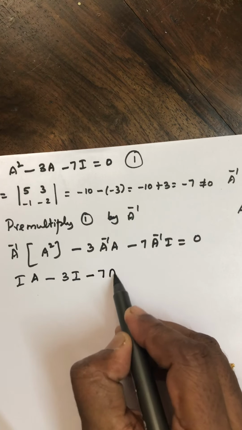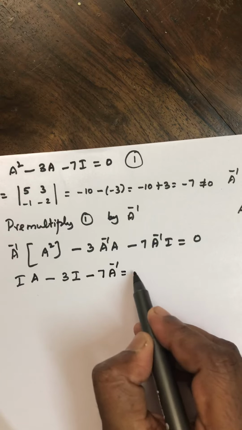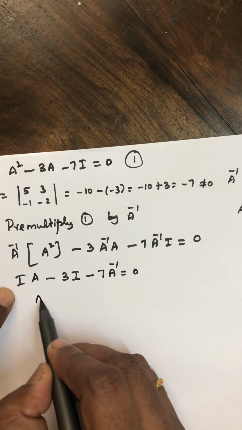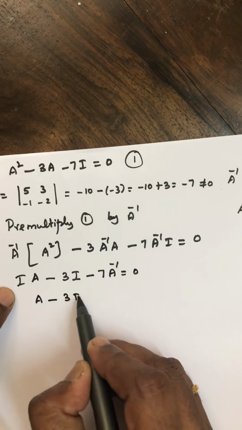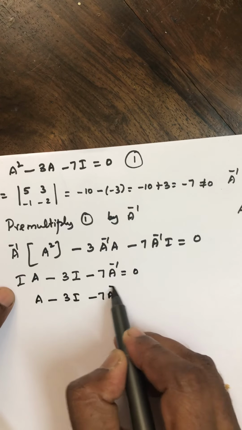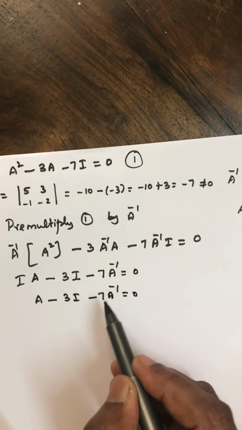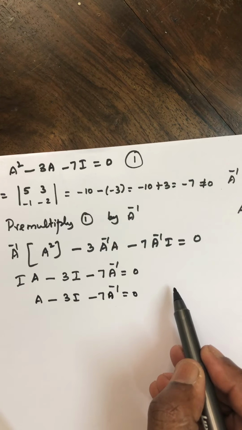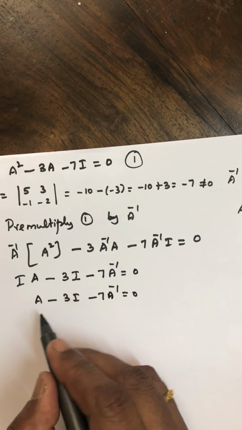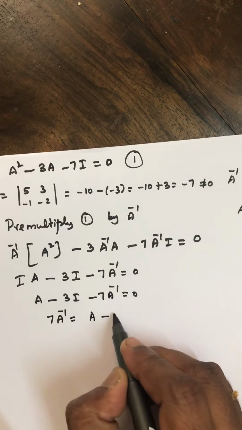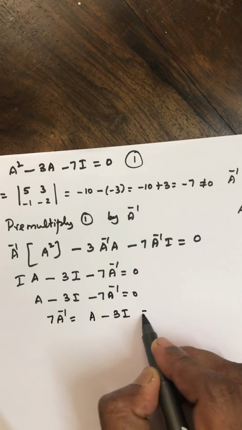So minus 7 into A inverse equal to 0. I into A matrix is simply A itself. So A minus 3 into I matrix minus 7 into A inverse equal to 0. I wanted to have only 7 and A inverse, so bring this term along to the right hand side. So this will become positive. So I am writing 7 into A inverse equal to A minus 3 into I.